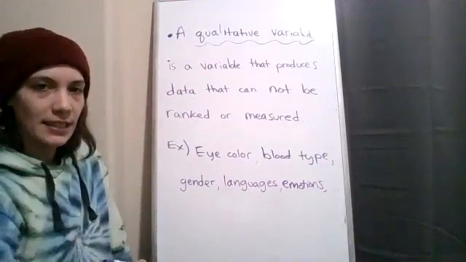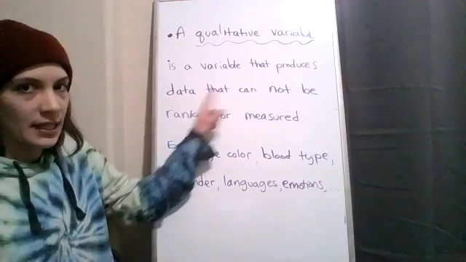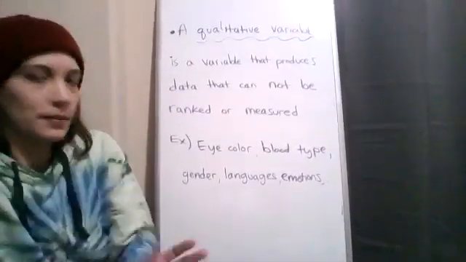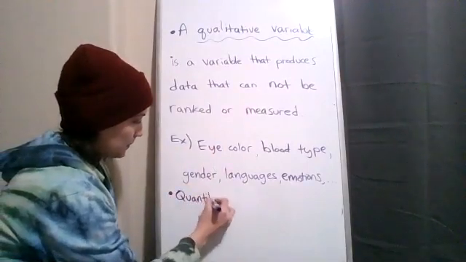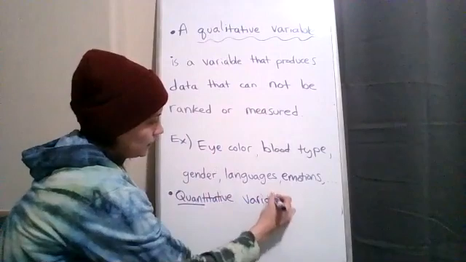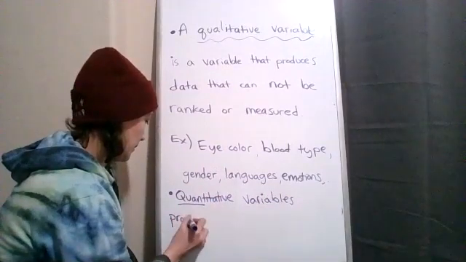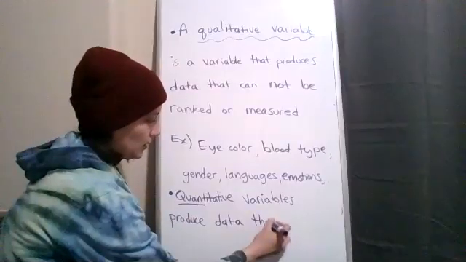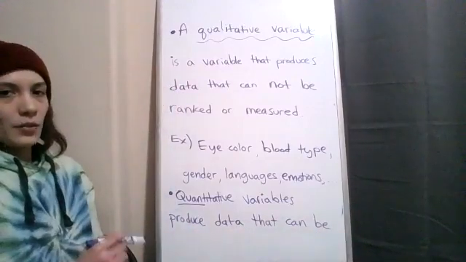All right. Then for quantitative variables, it is a variable that produces data that can be ranked or measured. Write it all down. Ranked or measured.